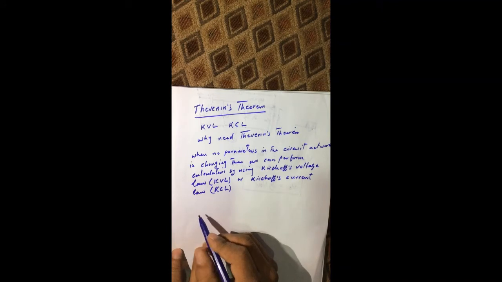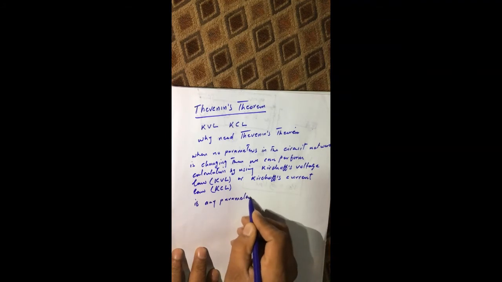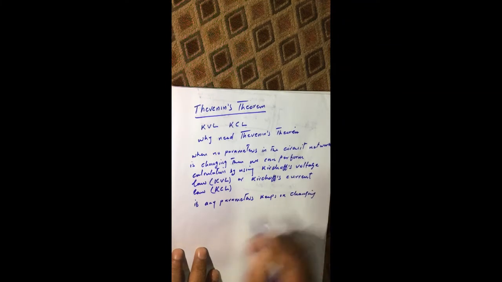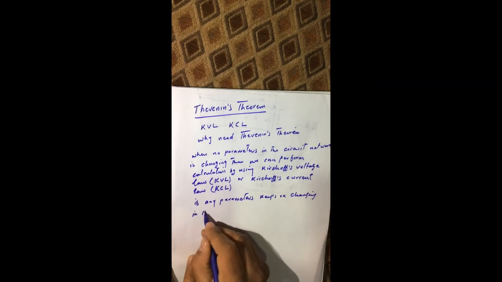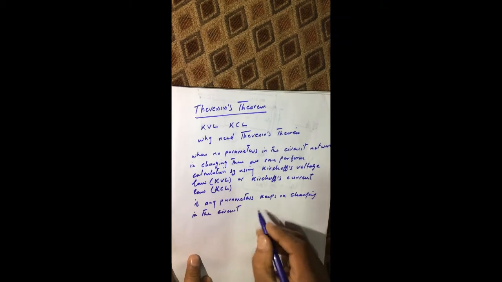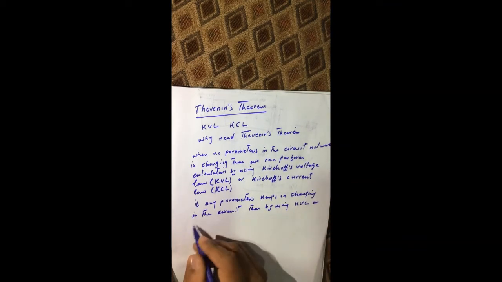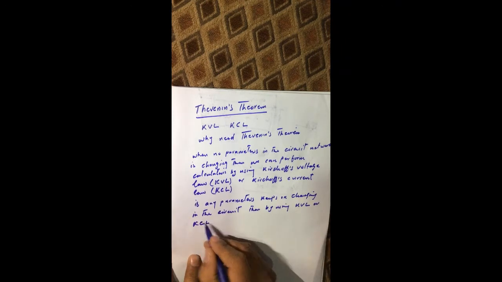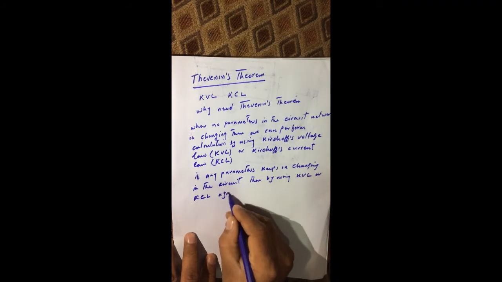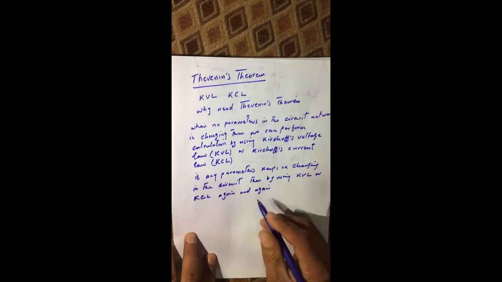If any parameter keeps on changing in the network or in the circuit, then using KVL or KCL again and again makes our calculation quite lengthy.